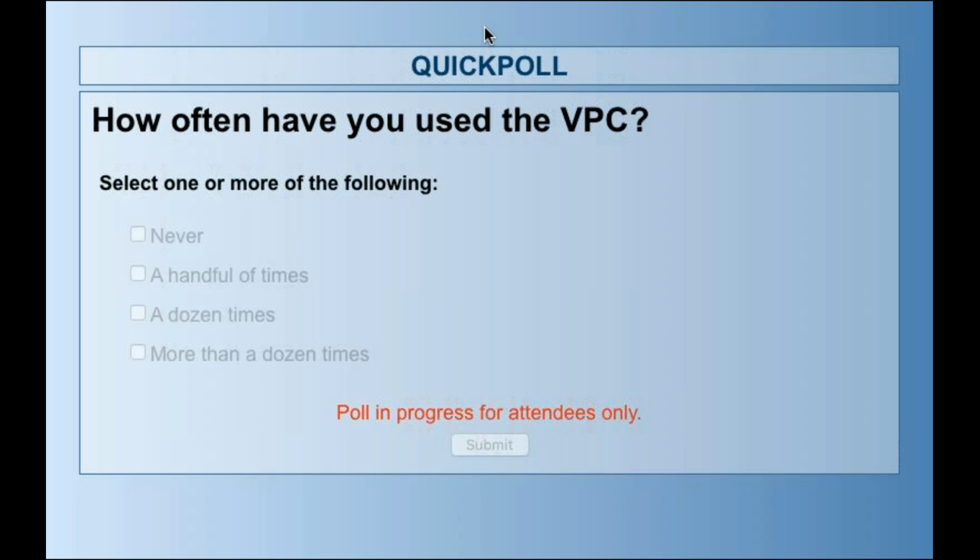Cool, it's up. So to everybody who's watching, how often have you used the value proposition canvas? You can select never, a handful of times, a dozen times, or more than a dozen times. I'll run it for about another 15 to 20 seconds.